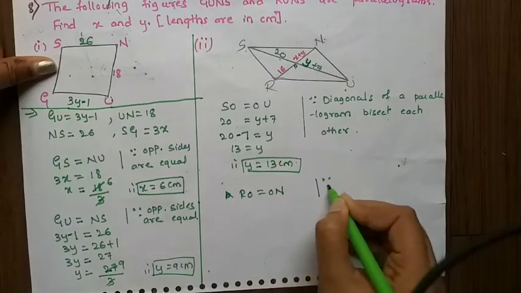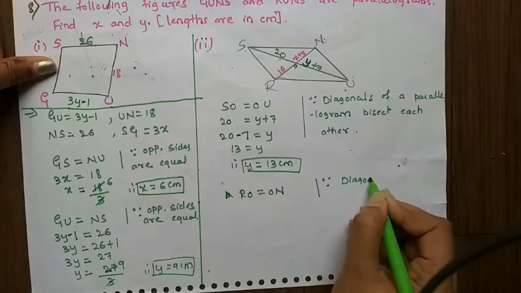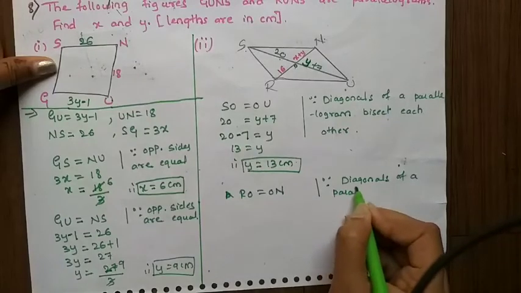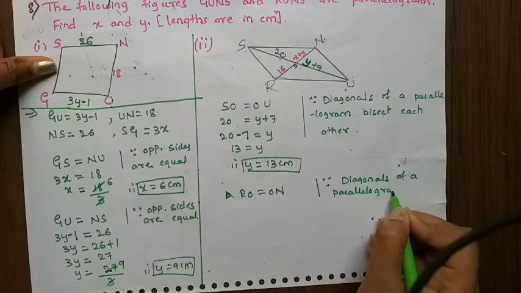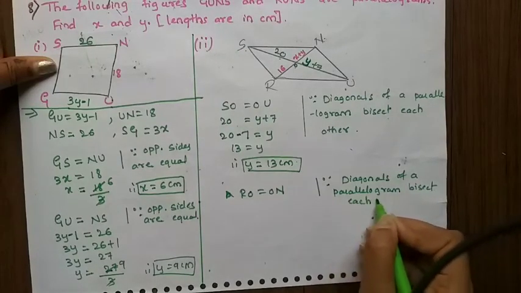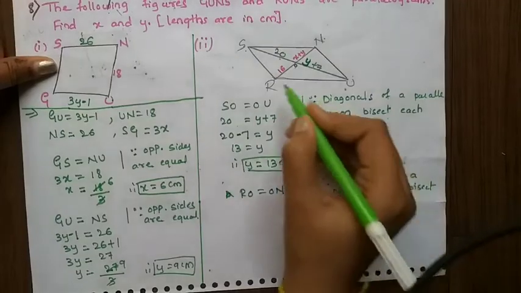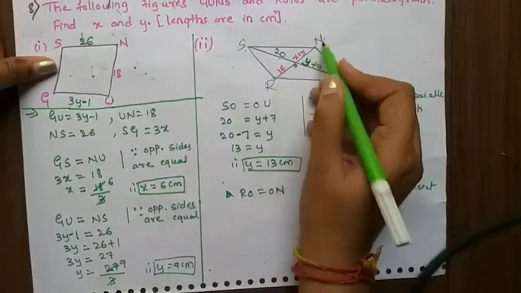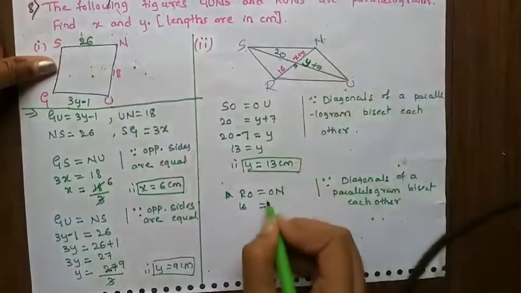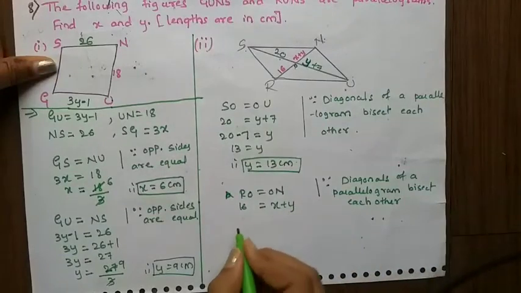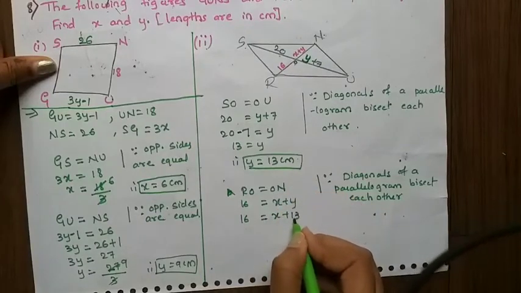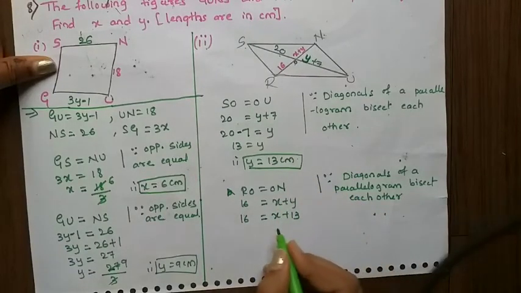Again the condition is that the diagonals of a parallelogram bisect each other. So RO is equal to ON. RN is the diagonal. Here RO is 16, which is equal to ON, which is x plus y. We know the value of y is 13. So 16 is equal to x plus 13.